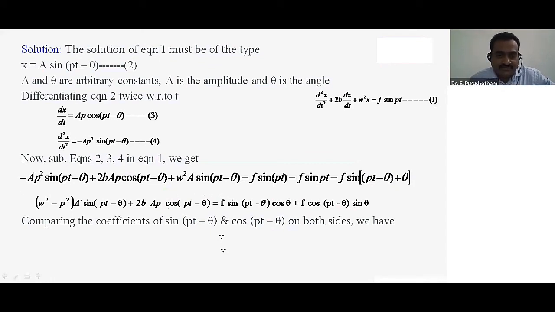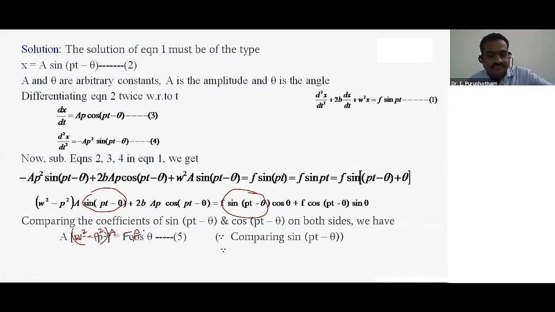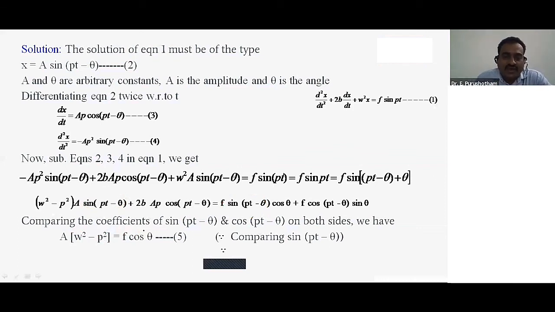Here for sin(pt − θ) on the left side, we can write A(ω² − p²) is equal to, on the right side, f cos θ.